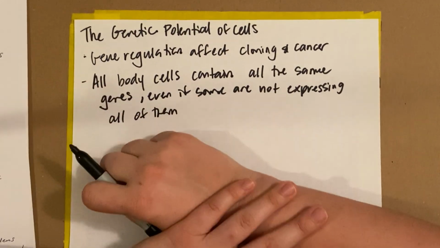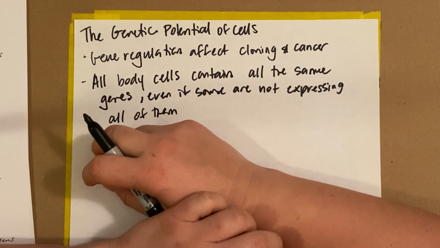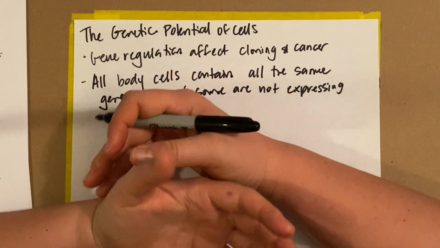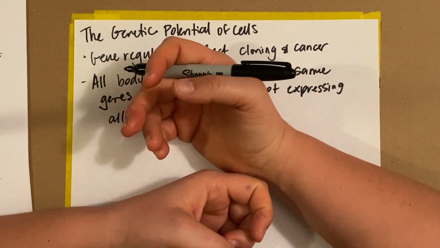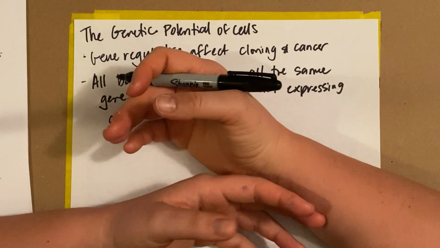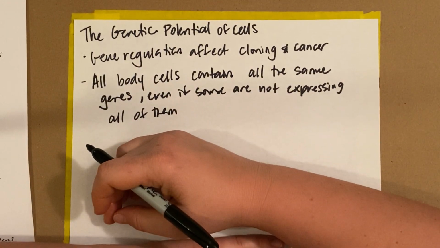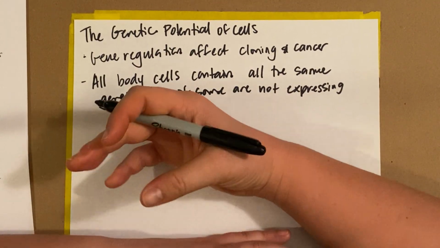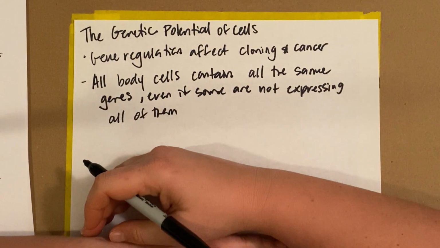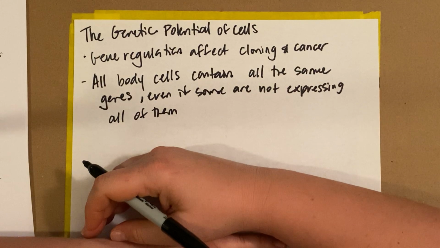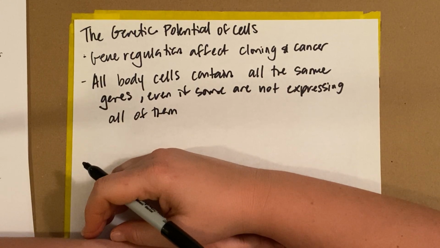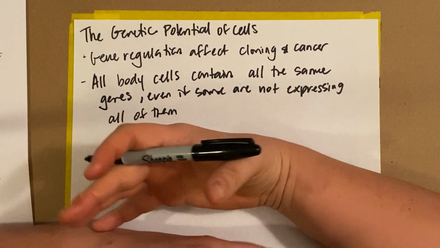One thing that we would love to be able to do is to take cells that are able to regenerate very easily, like skin cells, and then turn them into maybe a neuron or nerve cell. Certain types of cells do not regenerate, and if they're destroyed, there's nothing you can do. So if you have a spinal cord injury or part of your brain that has been affected by a stroke, those cells won't regenerate.